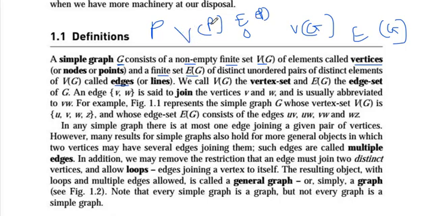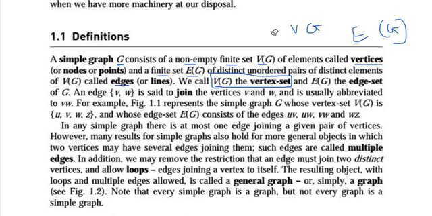The vertices of graph P, edges of graph P. So V of G is called the vertex set. In the exam you will be asked to write down the vertex set. In the last lecture we only discussed vertices and edges, but here we have to say that it is a vertex set, and E of G is called the edge set. It is a set of all the edges and vertices available in the graph.